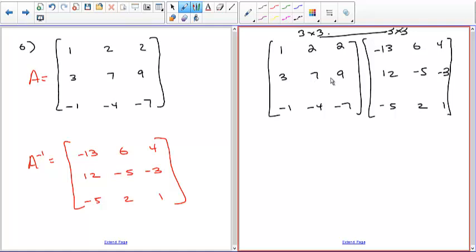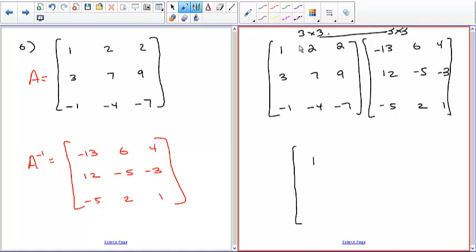You can always multiply square matrices together that have the same dimensions. Okay, so let's do this. So the top here, we're going to have negative 13 plus 24, which is going to be 11, 11 minus 10 is 1. Okay, first row, second column.